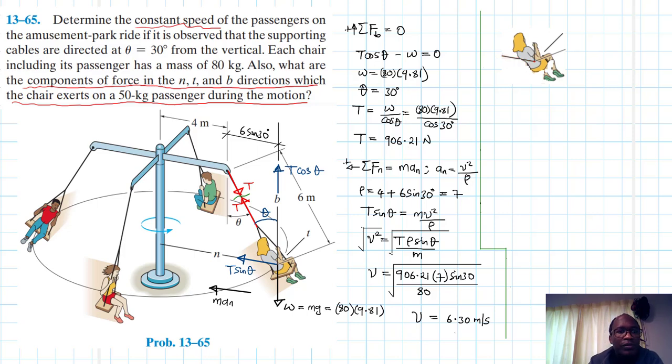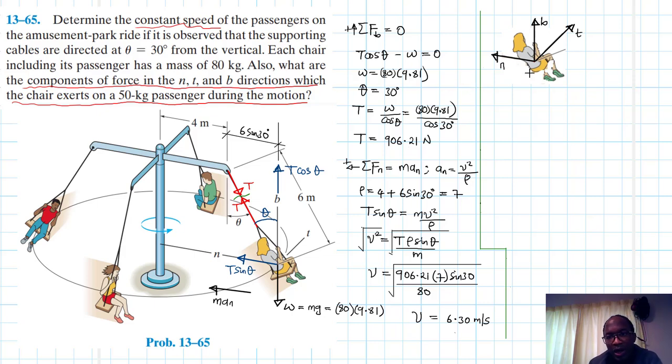We have the N coordinate, and then we have the T coordinate, and then we have the B coordinate. So this is the N or the normal, the T or the tangential, the B or the binormal.